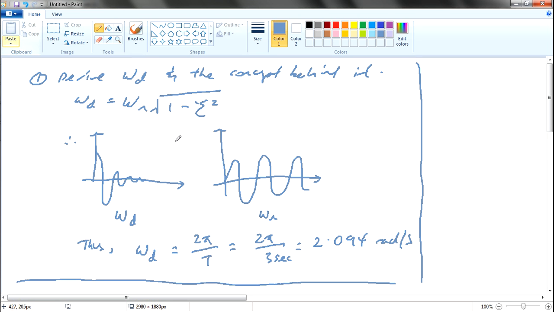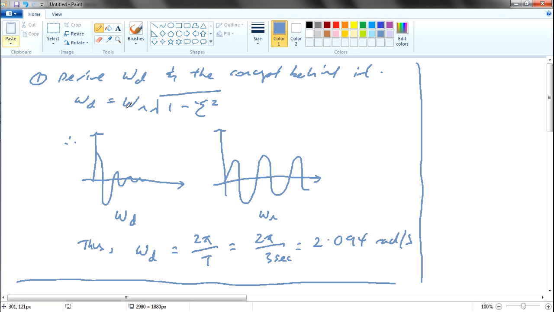The first thing I need you to know is the difference between the damping frequency and the natural frequency. Natural frequency is the natural frequency of the spring, the very undisturbed system, so it keeps oscillating and oscillating to the end. When you have friction, you are talking about damping frequency.